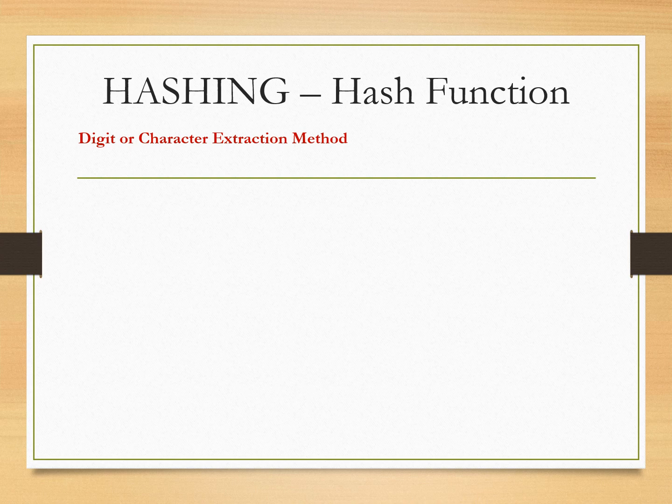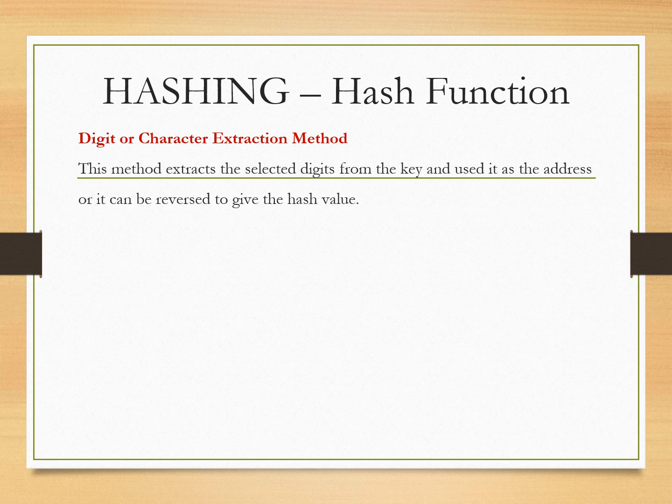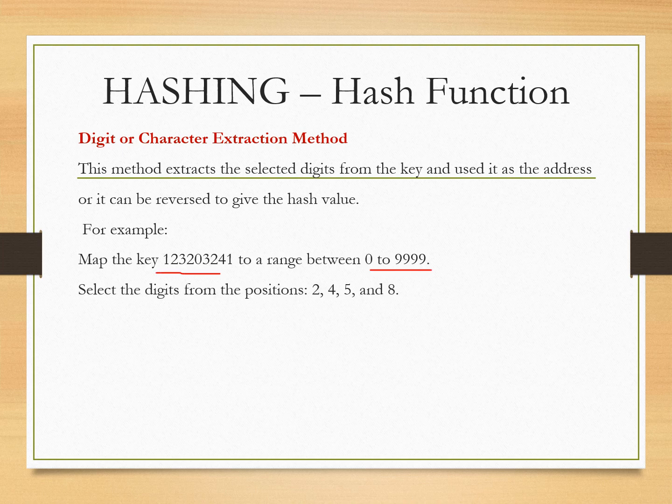Next is the digit or character extraction method. This method will extract selected digits from the key and use them as the address, or else they can be reversed to give the hash value. Say for example, this is the key and the table size is 1000. So I will select the digits from positions 2, 4, 5, 8. It is up to you to decide which positions to select.